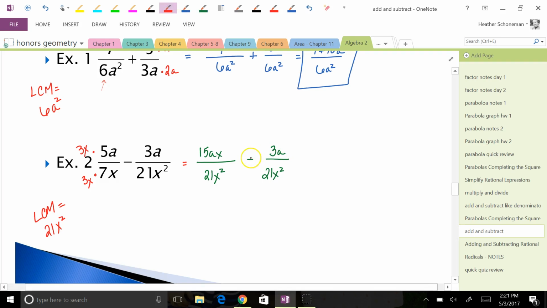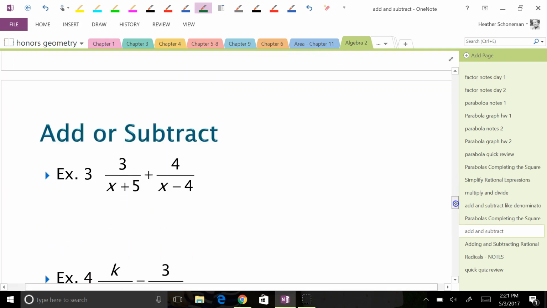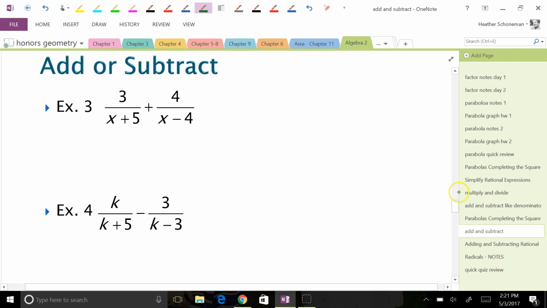But remember, this is a minus problem, so we got to change it to plus and negative. So our denominator is still the 21x squared, and then the numerator is going to be 15ax plus negative 3a, or you could say minus. Either answer would be correct. There's your final answer. Okay, let's try this again.